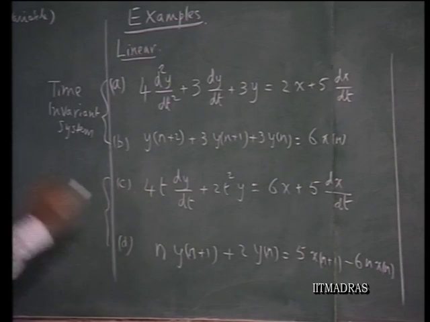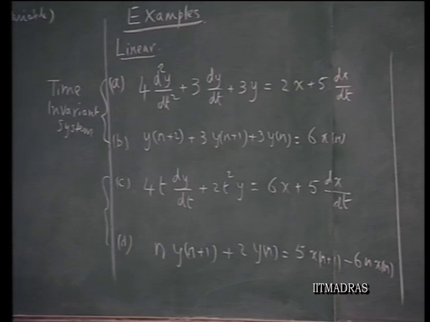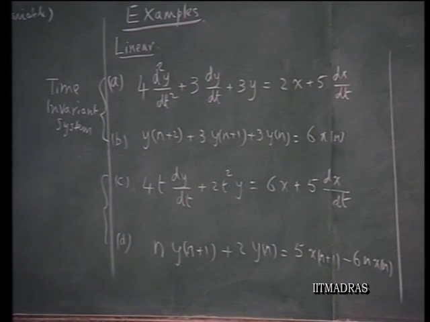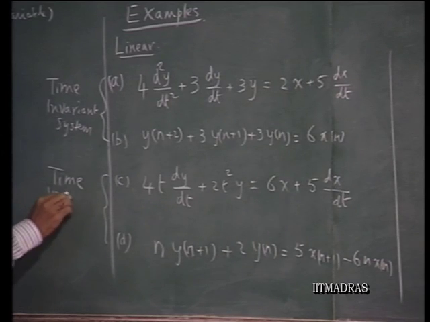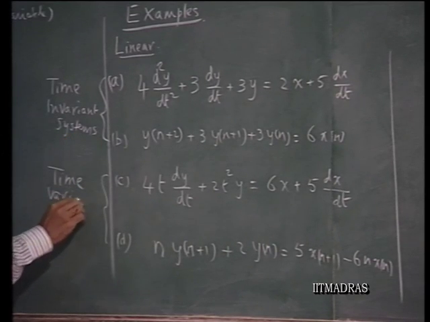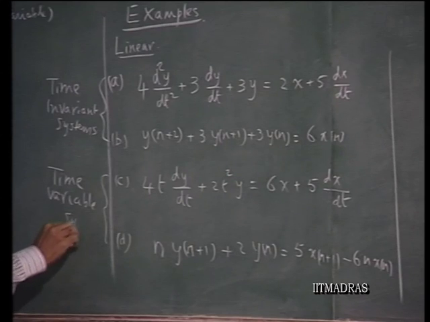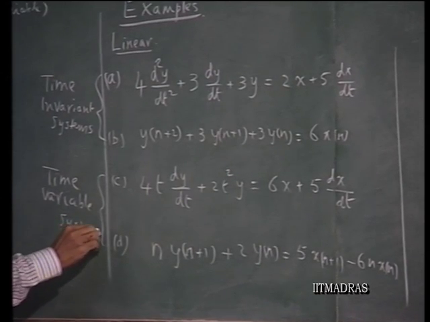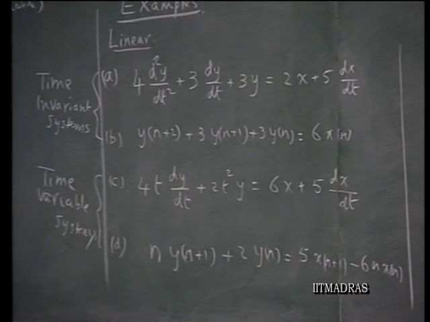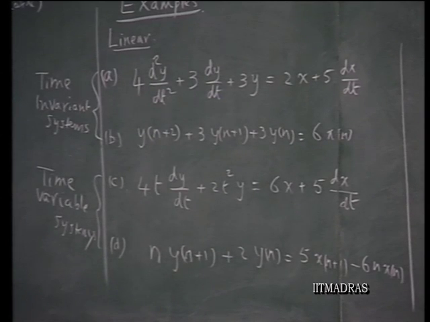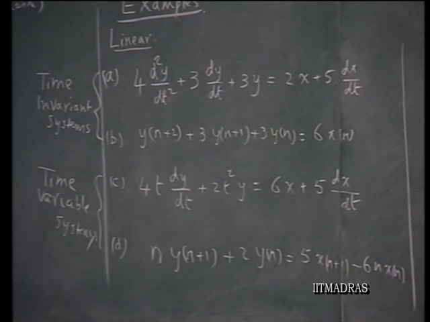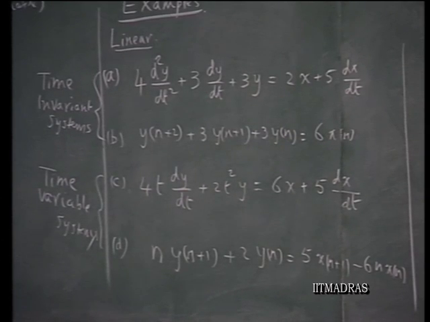On the other hand, in these two equations, we have coefficients which are functions of time, or n as the case may be. These are time variable systems. So these describe the operations of some time variable systems. So both are linear, but these first two equations belong to the category of time invariant systems. The latter two belong to the category of time variable systems.